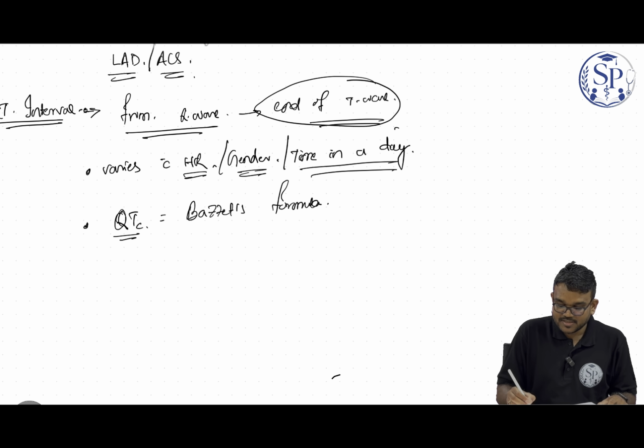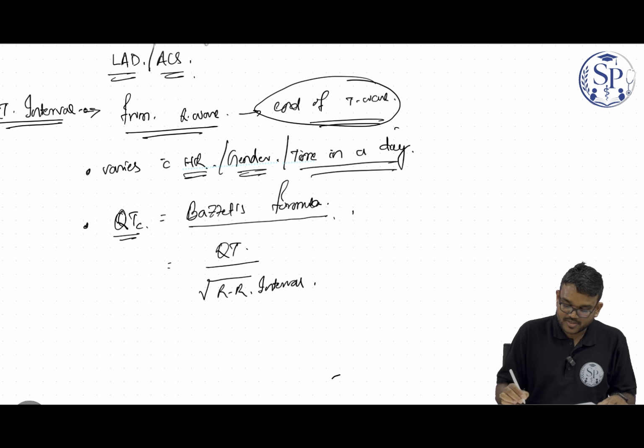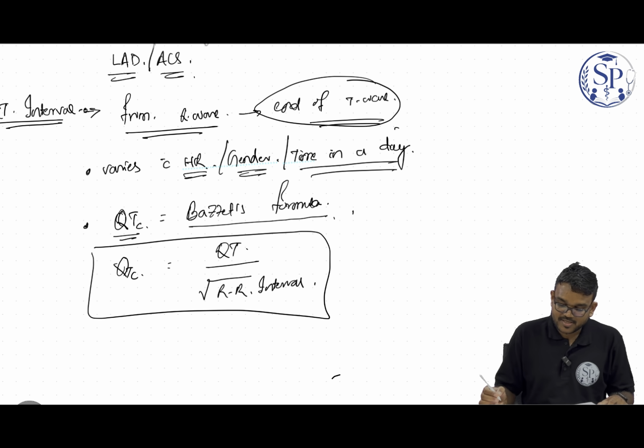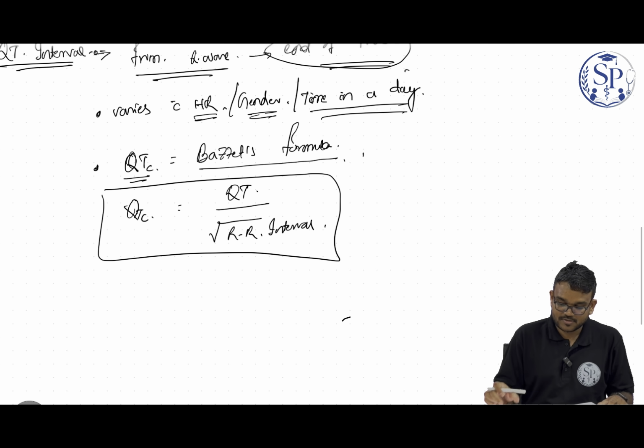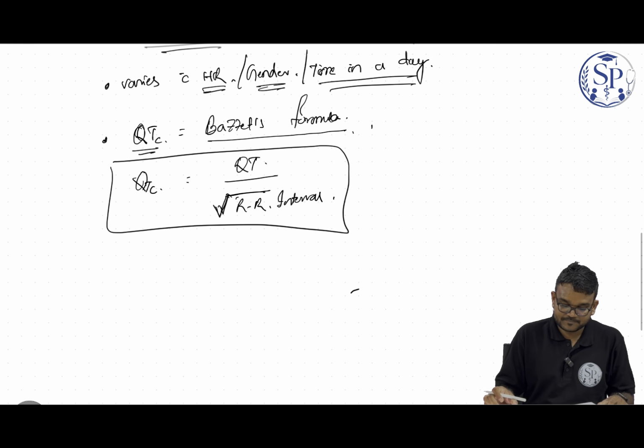So the QTc, the corrected QT interval, derived from Bazett's formula, is QT divided by the square root of the RR interval. Okay, so the corrected QT interval or QTc signifies QT interval divided by RR interval to the power of square root.